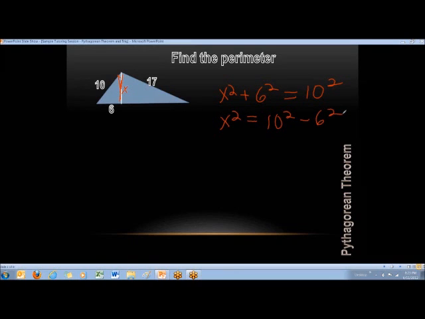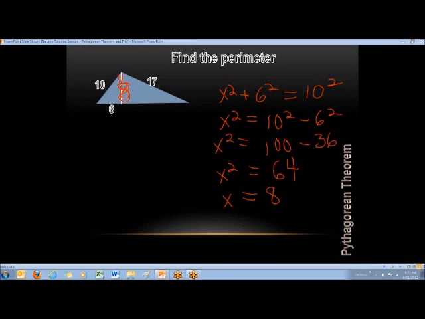So x squared equals 100 minus 36, which equals 64. Then the square root of 64 is 8. So x equals 8, and we now know that side is 8.